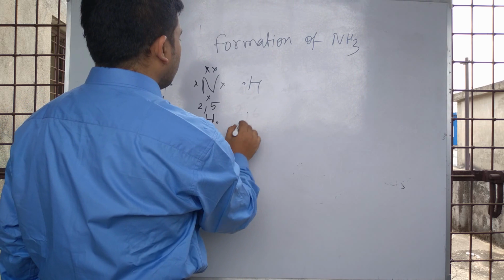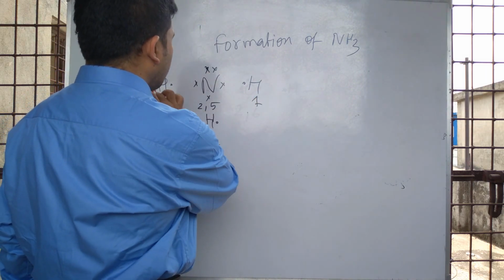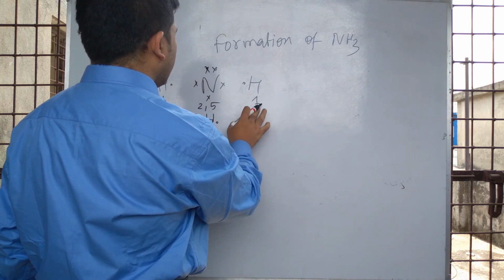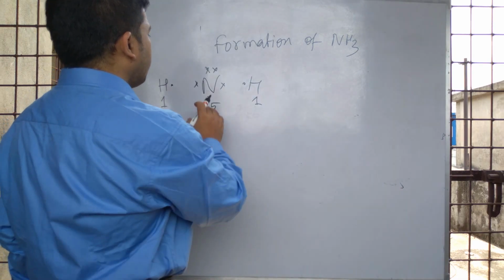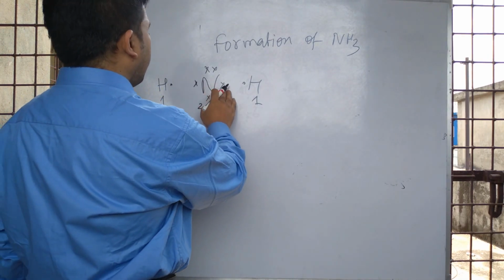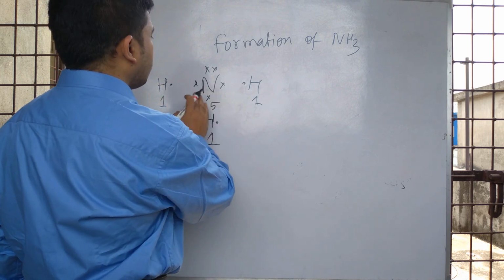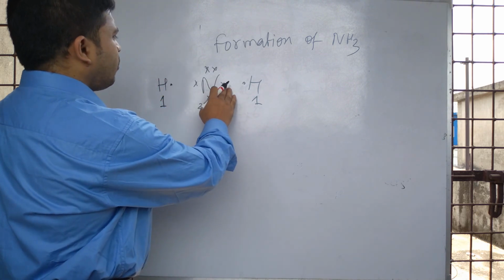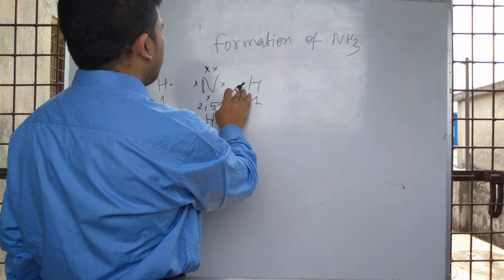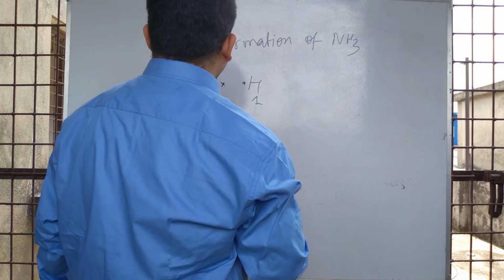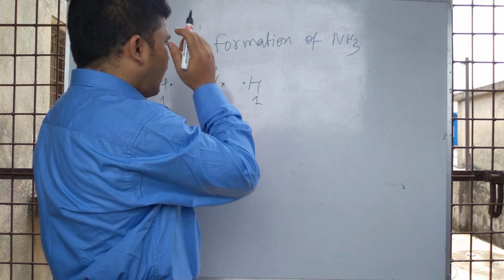To attain octet configuration, nitrogen needs 3 more electrons and hydrogen needs 1 more electron. So nitrogen and each hydrogen share 1 electron to complete 8 electrons in nitrogen and 2 electrons in each hydrogen.